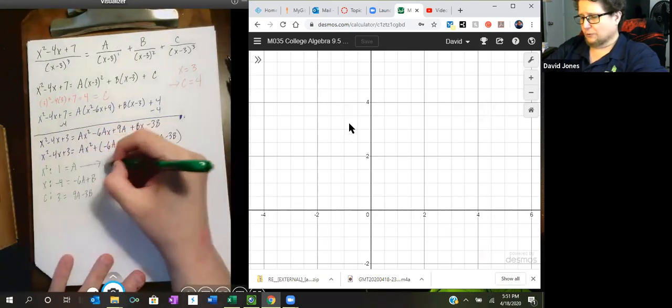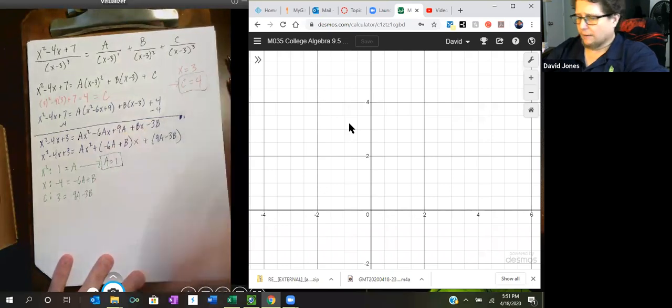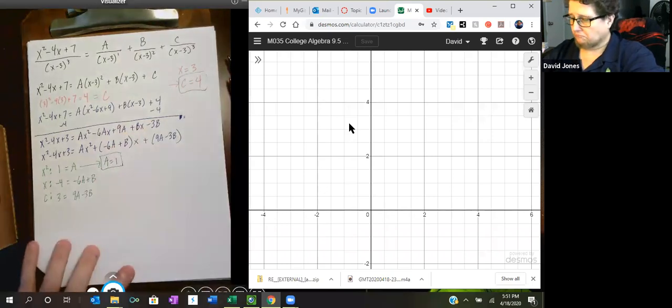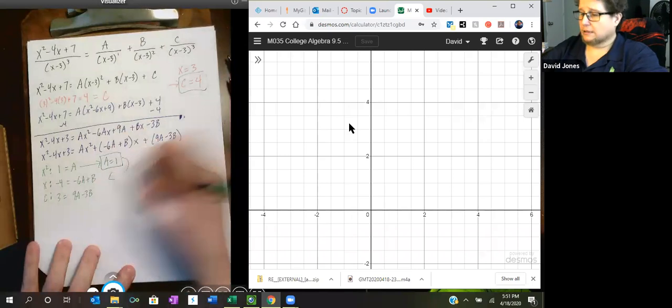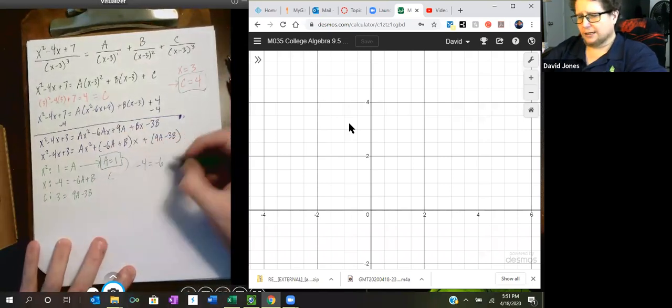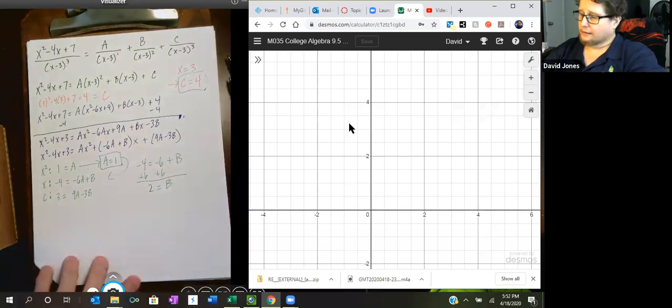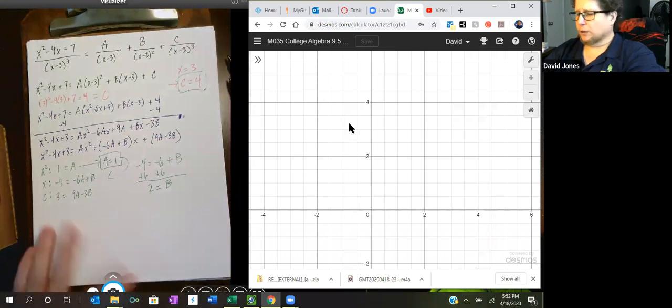This one gives us A equals 1 pretty clear. Plug it into either one. Negative 4 equals negative 6 times 1 is negative 6 plus B. And we get 2 equals B. You should get the same thing if you plug it in here.